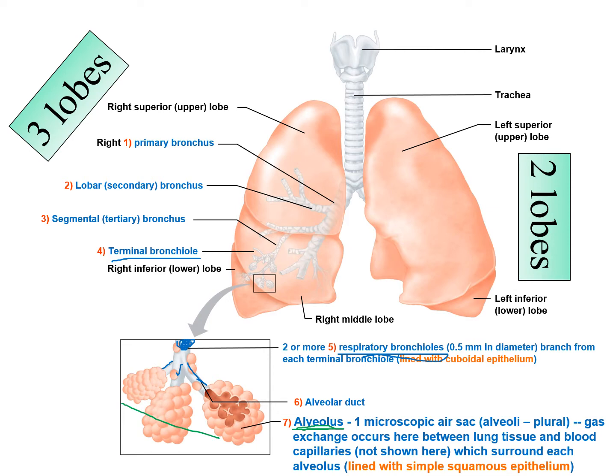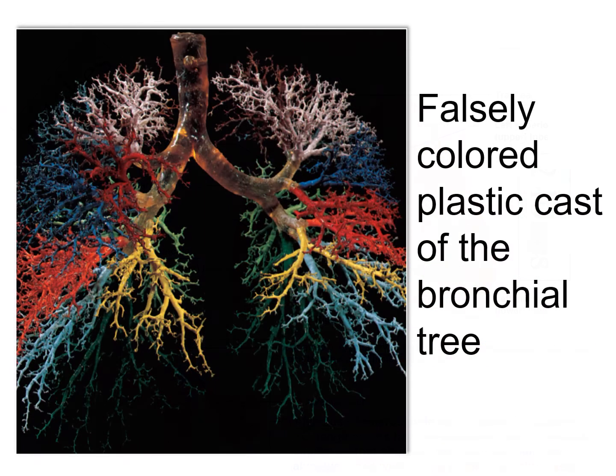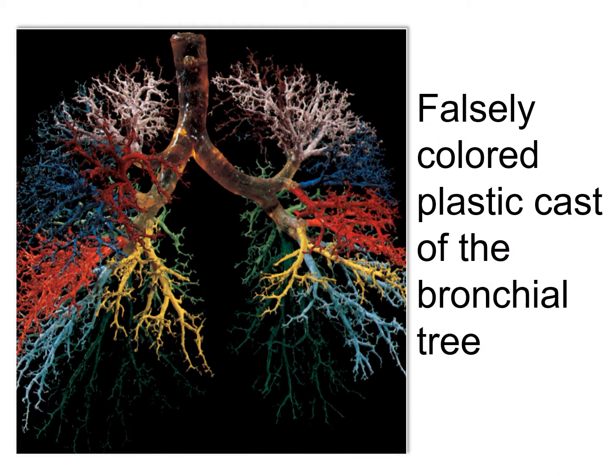Why simple? Why flattened? One layer. Well, hopefully you remember the magic word starts with a D. Diffusion, right? It's the diffusion of the oxygen and the CO2 across the alveolus into the bloodstream. We'll talk about those capillaries in just a moment.